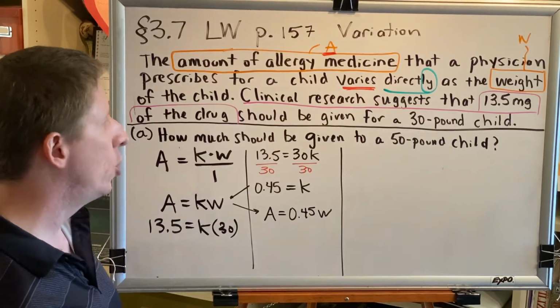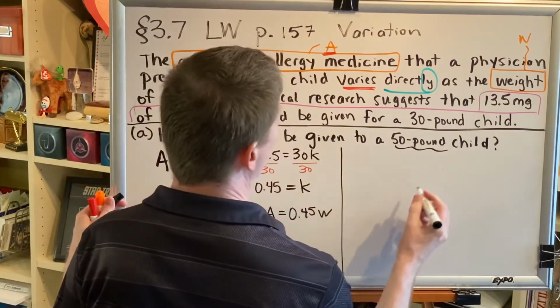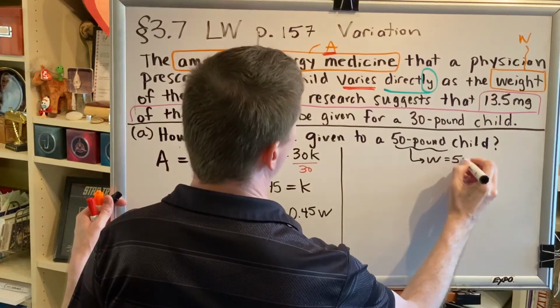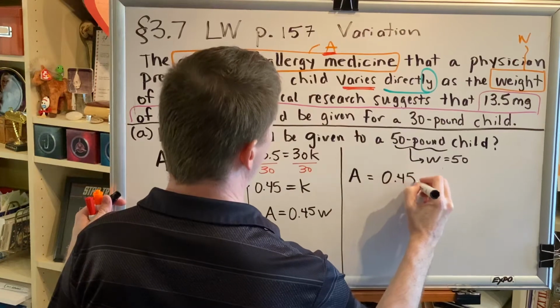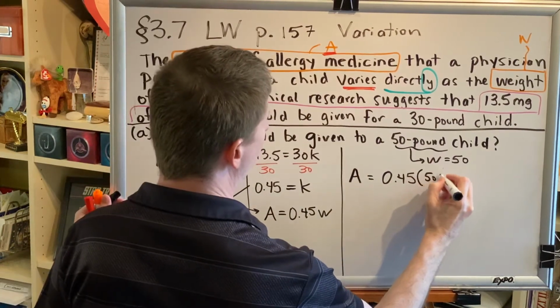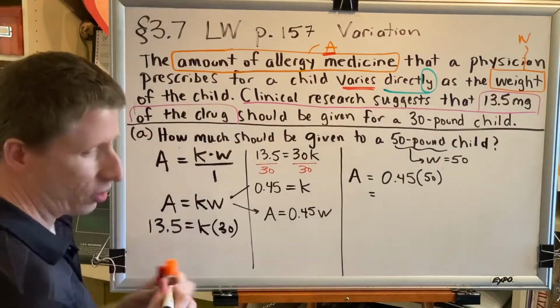This brings us to part A. How much should be given to a 50-pound child? Well, 50 pounds is the weight. So that's telling me that W equals 50. So if I want to know how much allergy medication I should give to a 50-pound child, that just means that I have to replace the W in my equation with 50. Okay, so we're going to go ahead and do the multiplication here.